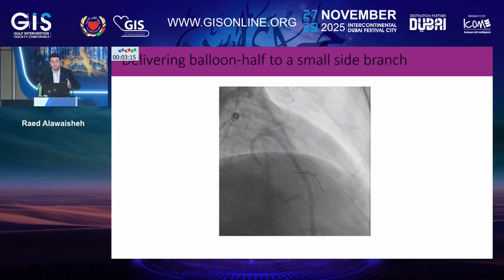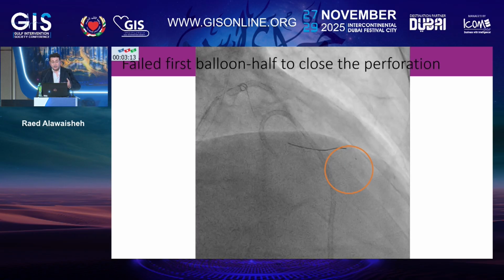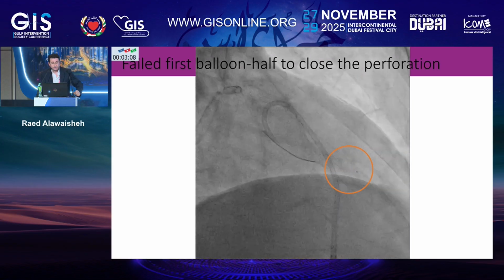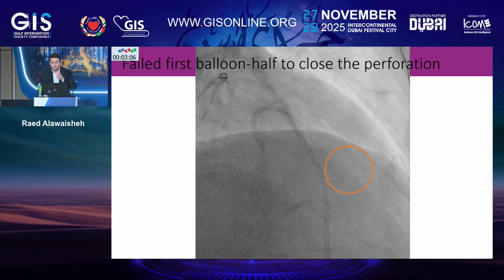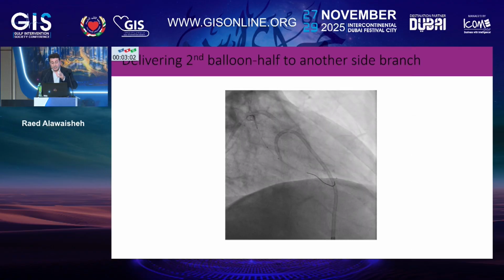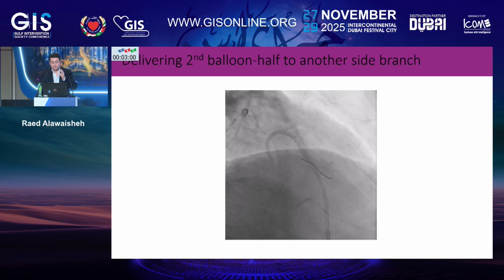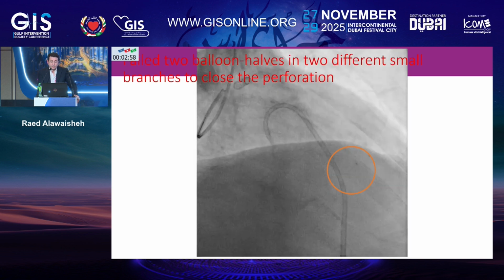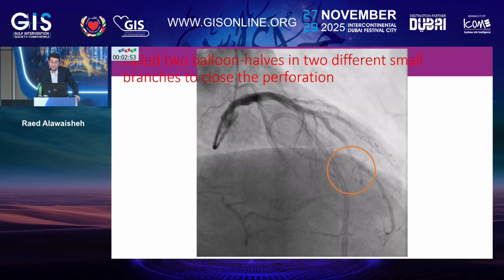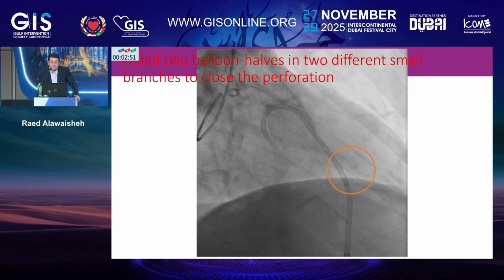So I elected to use part of a balloon, half of the balloon, the top of the balloon, and push it there to try to close that very small branch. After that, the stain is still there, so I don't know which branch to go to. I went with another part of the balloon, tried to fix it, tried to stop it. The stain is still there.